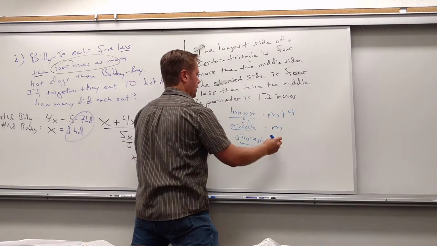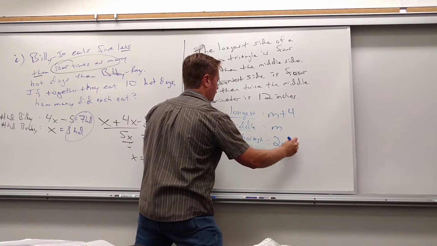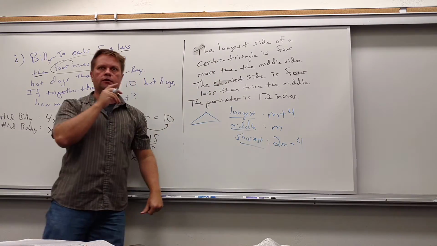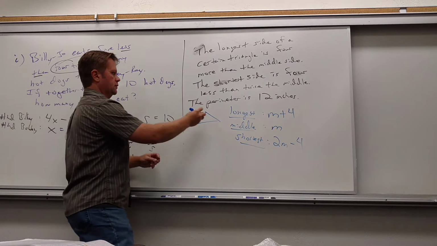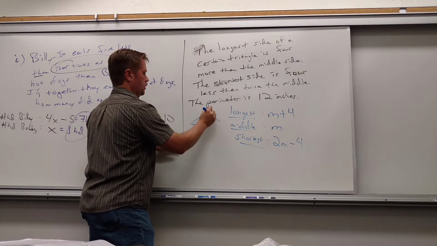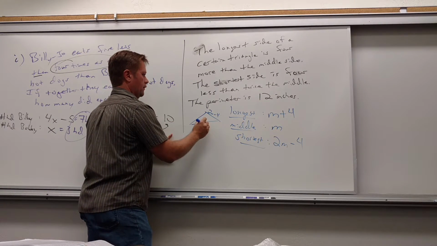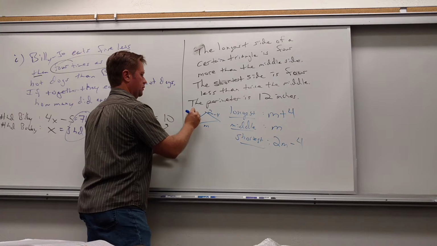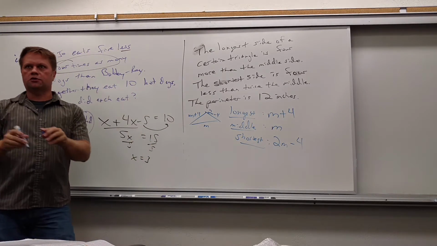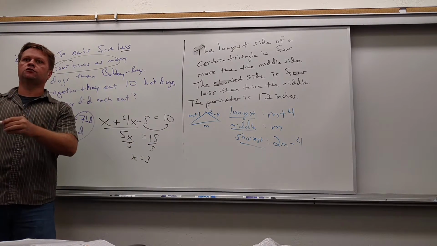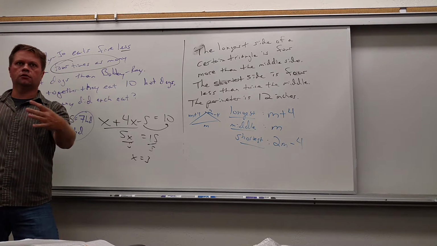4 less than twice. Okay, so I need to do twice the middle, and then 4 less than that will be take 4 away. So I've got, let's see, this looks to be the shortest side here: 2M minus 4. I've got M, and I've got M plus 4. The picture might not help us out the most, because all I have to do now is what?